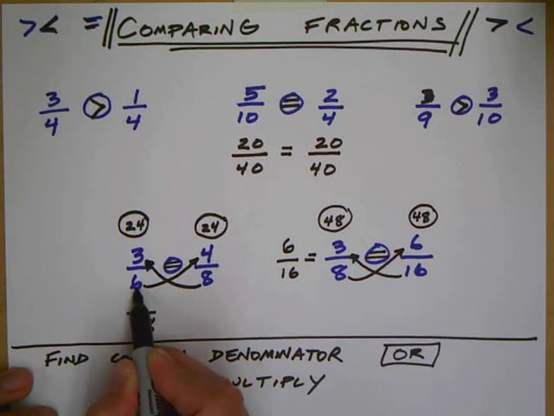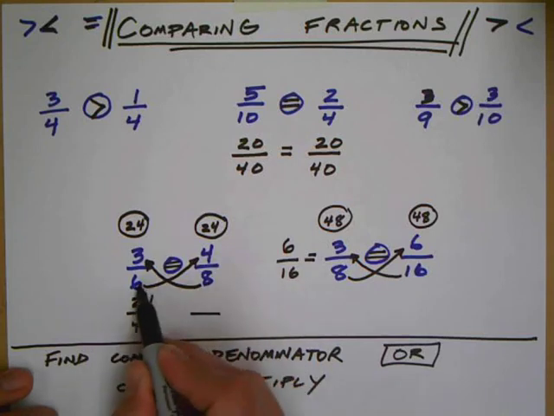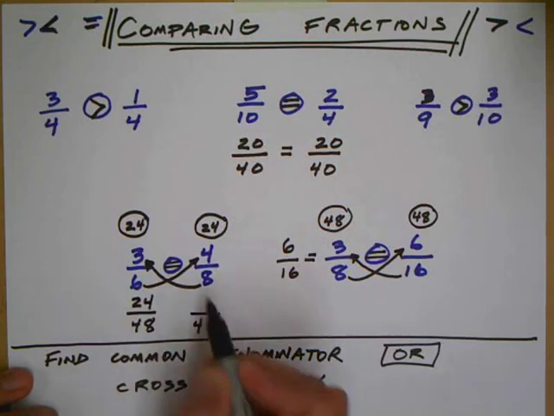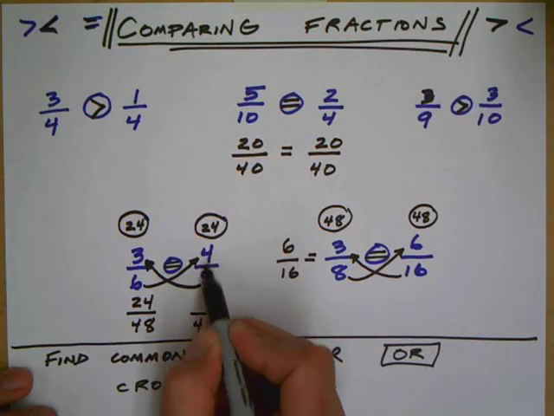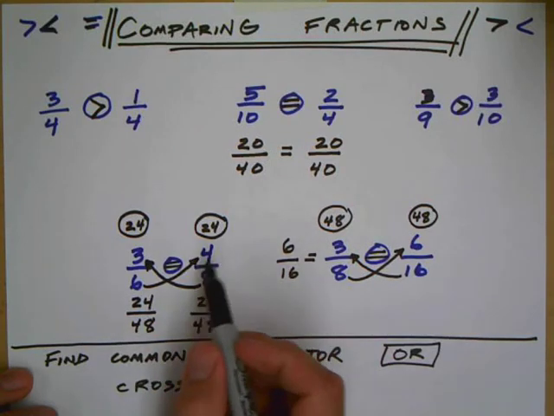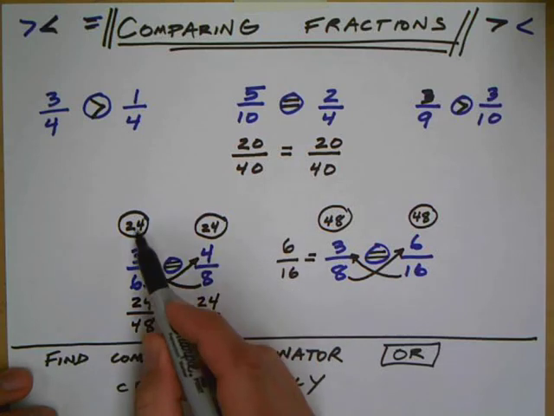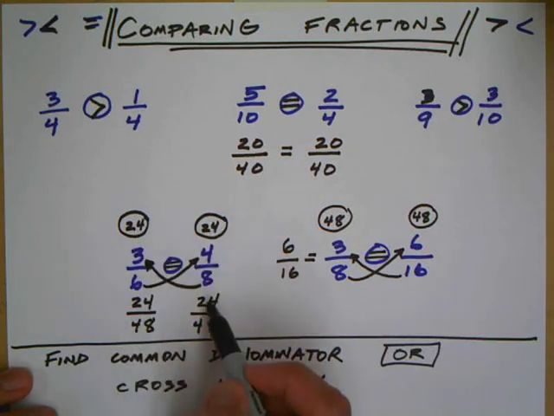I had to multiply this 6 times 8. This 3 times 8 makes 24. If I multiply this 8 times 6, I get 48, which means I have to multiply the numerator by 6, which gets 24. What you'll notice is when you do the cross-multiply strategy, it's basically telling you what the numerator is of your equal fractions.